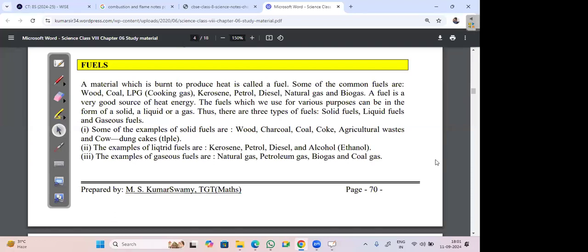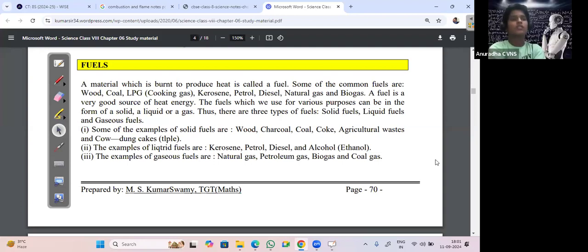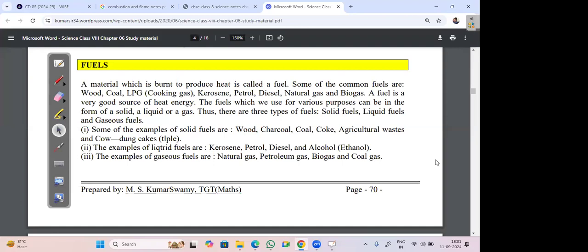Yeah, the substances which are combustible and generally have a high calorific value. Sir, petrol, sir. Yeah, so their calorific value should be high. That means we should be able to use it as a fuel. Okay. So see, a material which is burnt to produce heat is called a fuel.